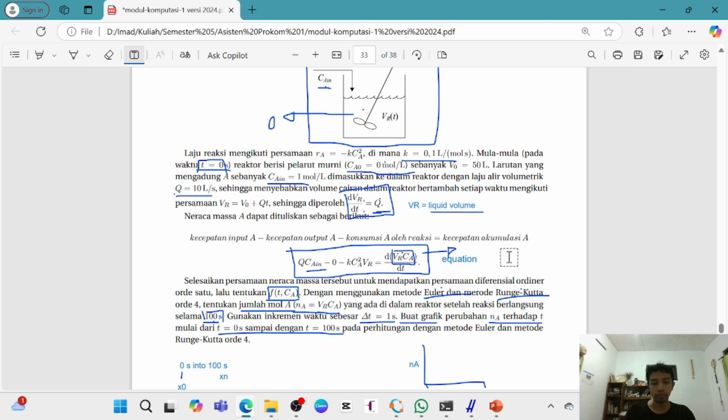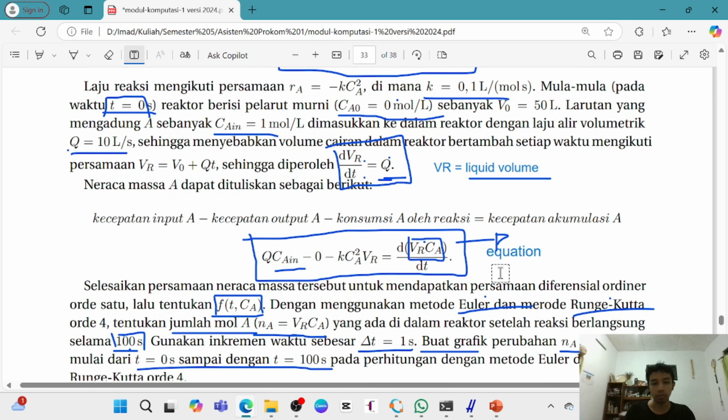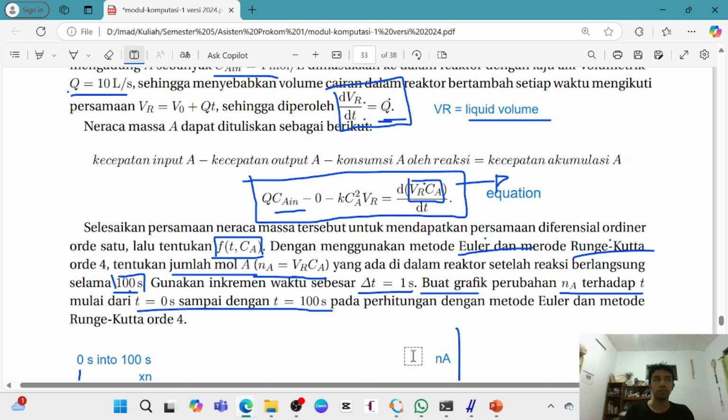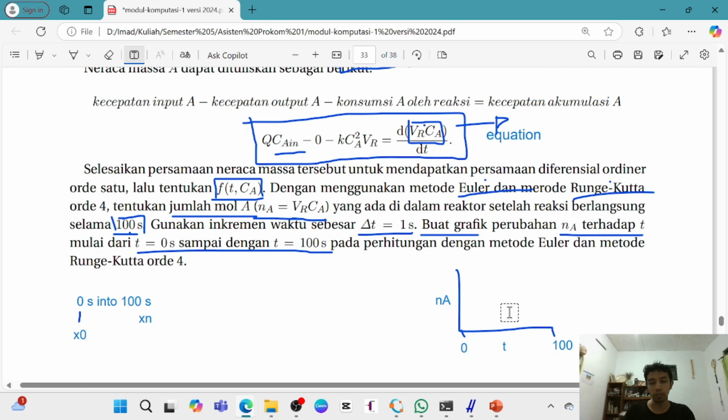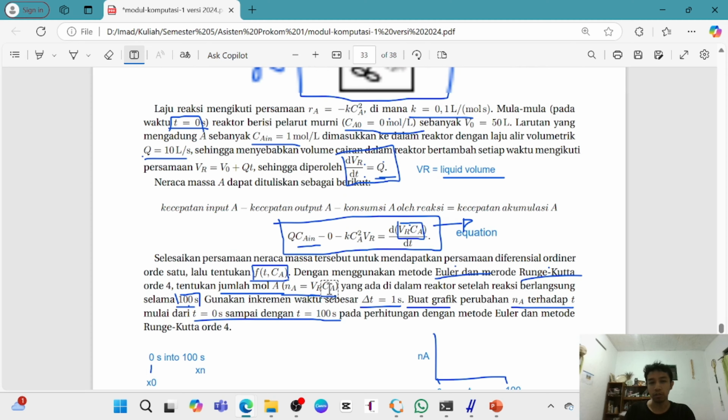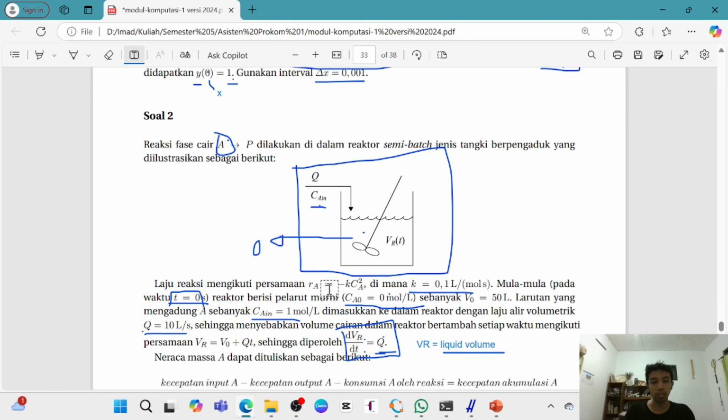Okay, maybe you have to understand this paragraph, because in this paragraph we have a lot of information on what the plot is going to be, and so on. Okay, that's for problem two.